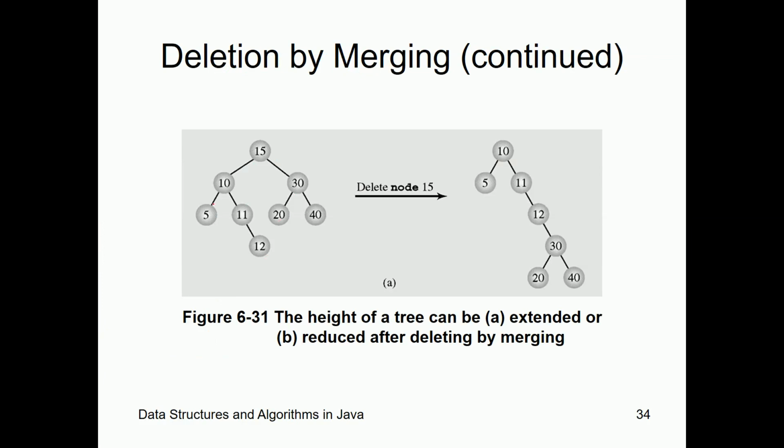Now, by adding 15 first, I make sure that this is now the root, and then I add 10. So I'm going to add to the left of. Now it doesn't matter the rest. I can just add them as long as they're going to be in this order. So they're going to be added next to each other probably.